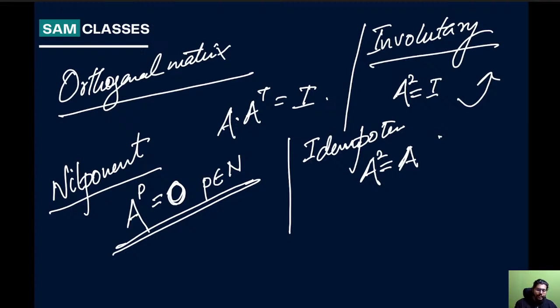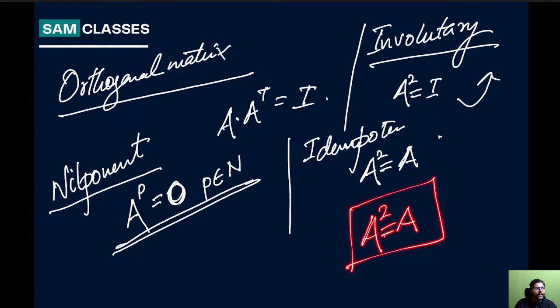Next, if I take a matrix A and any power, let's say A cube is equal to 0, then we can say the matrix is nilpotent with index p equal to whatever value it gets. What about idempotent? If A square is equal to A, we can say idempotent.